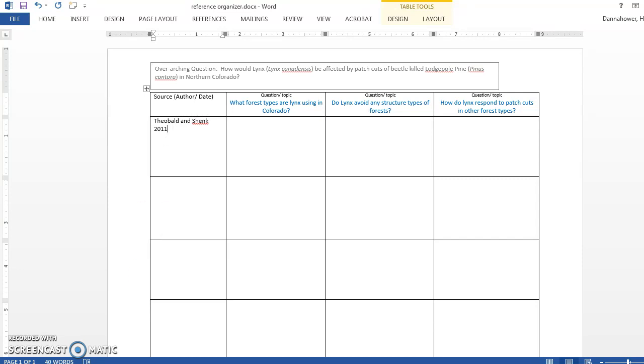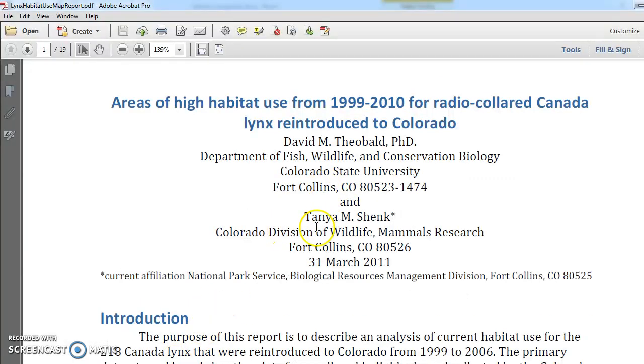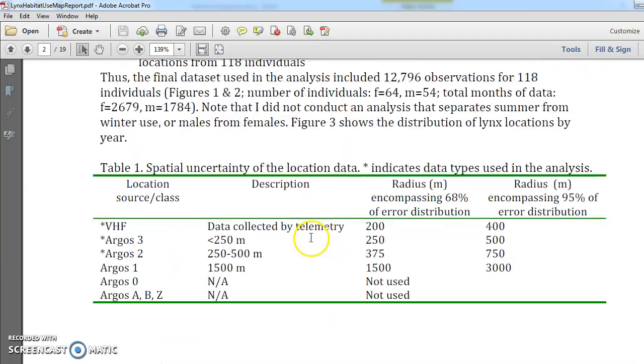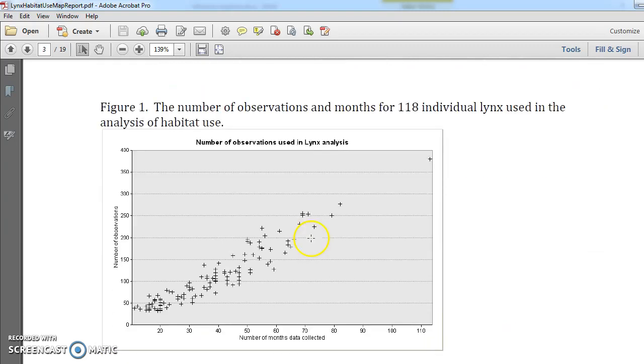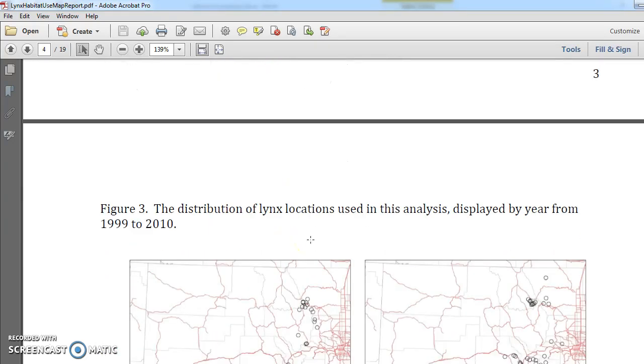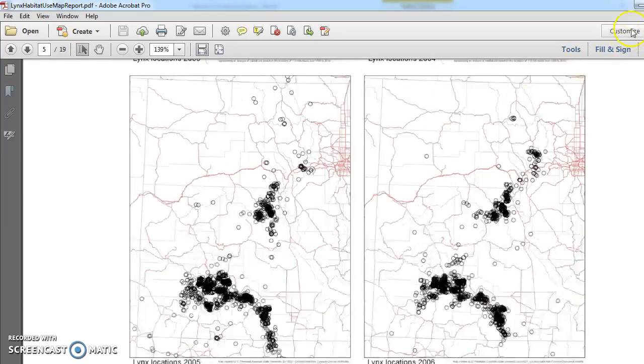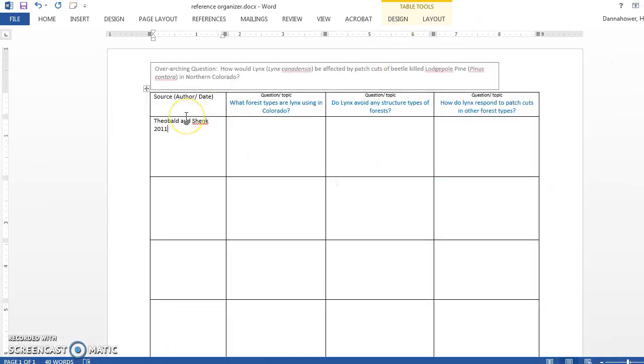As I'm now reading this article, anytime I find information that relates to one of those sub-questions that I've asked, I can write it in each cell. I'm going to make that up here without actually rereading this paper. But let's say I find in this article that lynx were using spruce and fir forest 90% of the time.